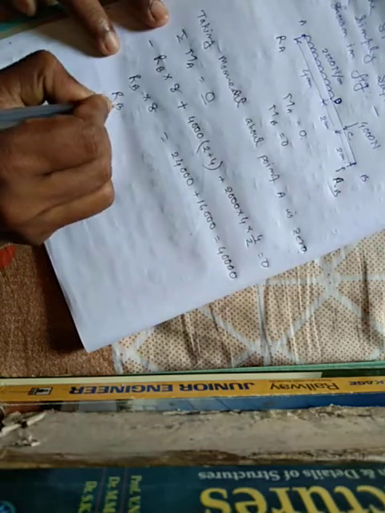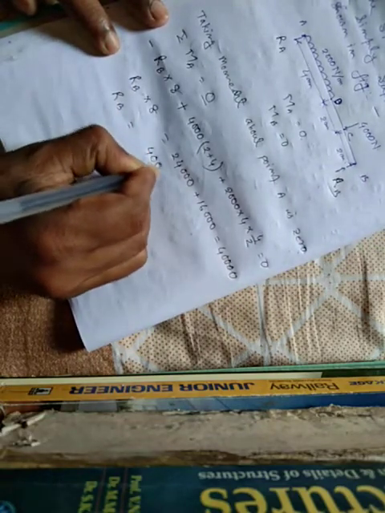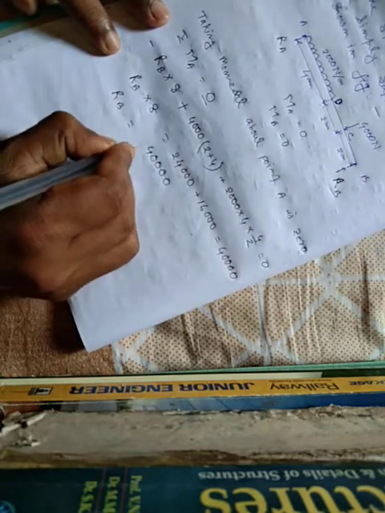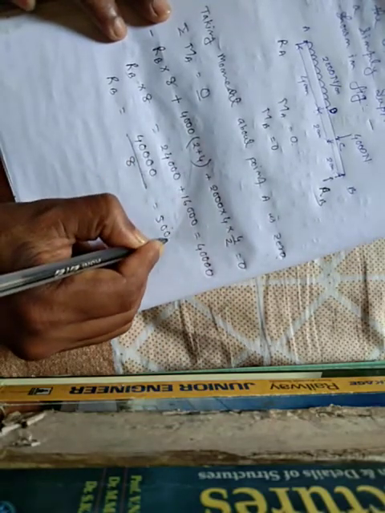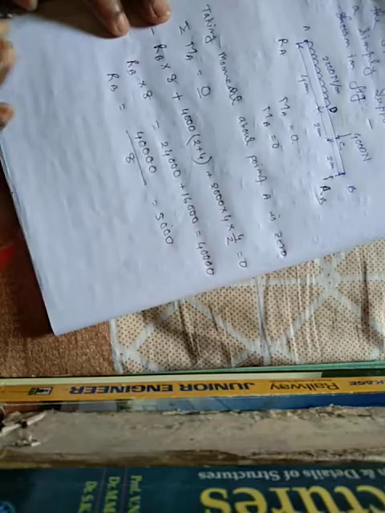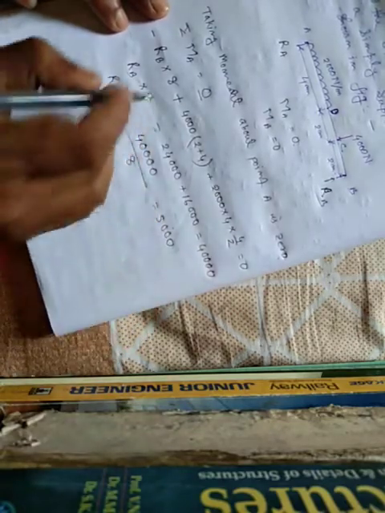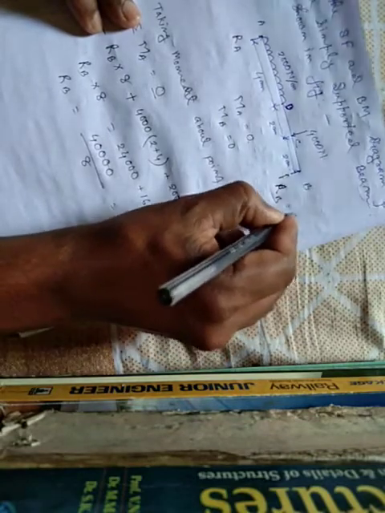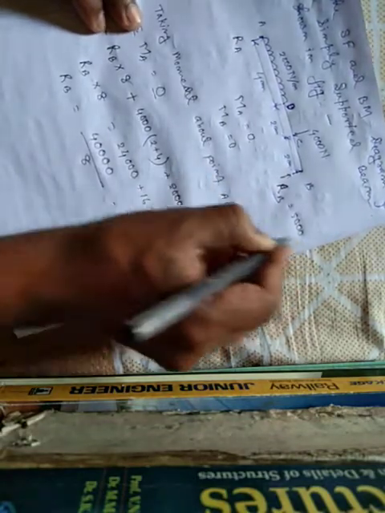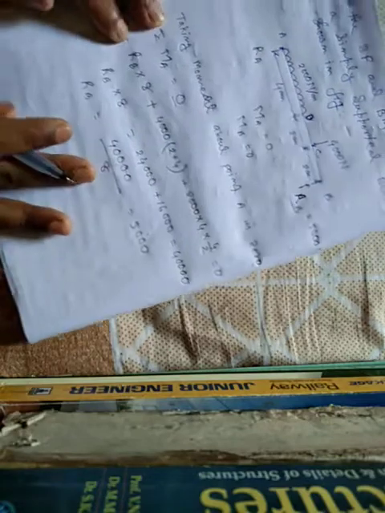Now RB is equal to 40,000 divided by 8, which is equal to 5,000 upward direction. So RB equals 5,000 Newton.